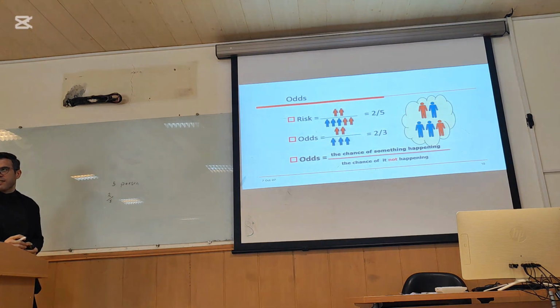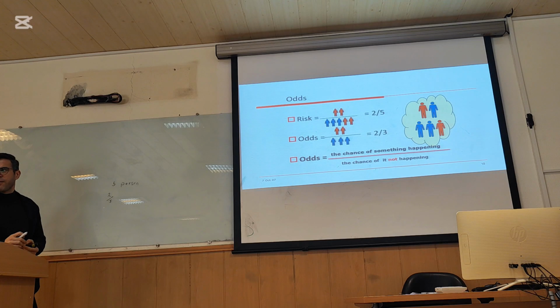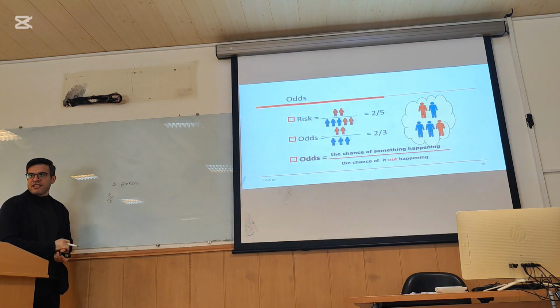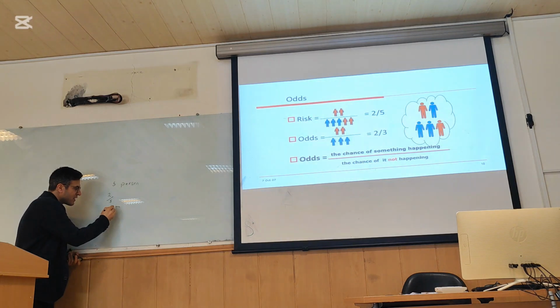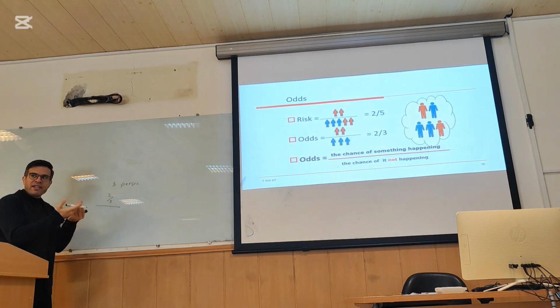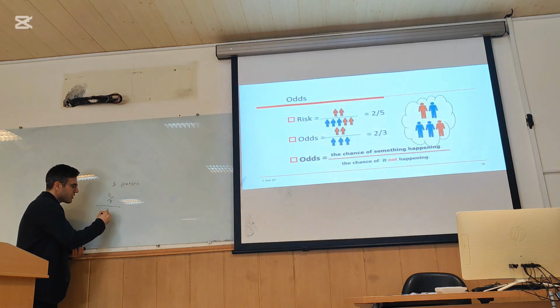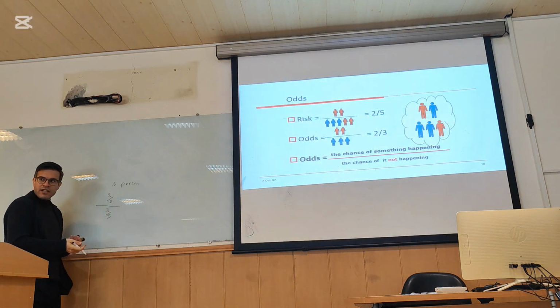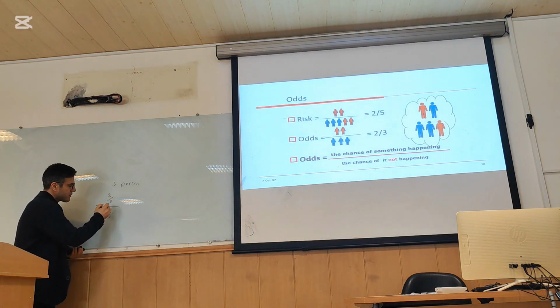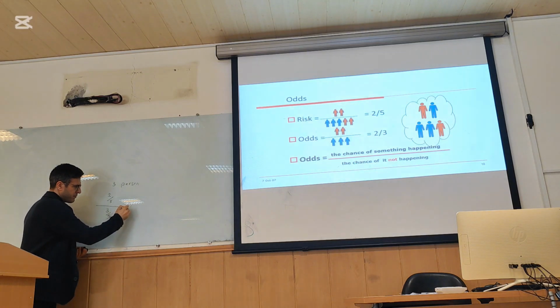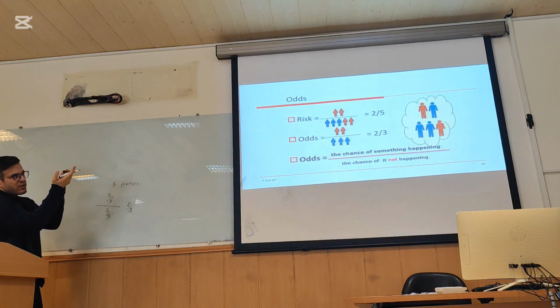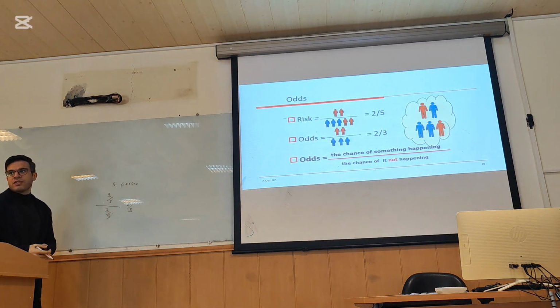And what is the risk of not having the disease? 3 divided by 5. So the 5s cancel each other, and it's actually 2 over 3. Do you agree? Yes. Odds is 2 divided by 3.